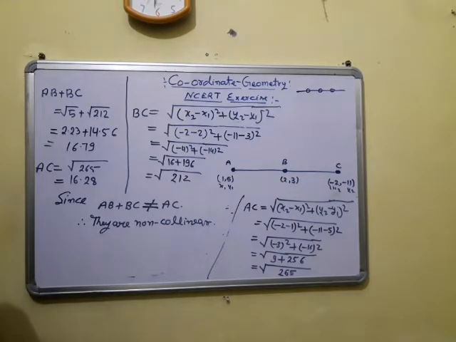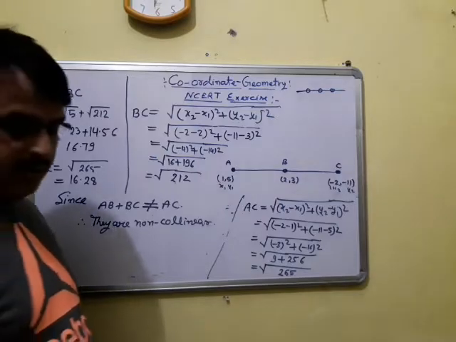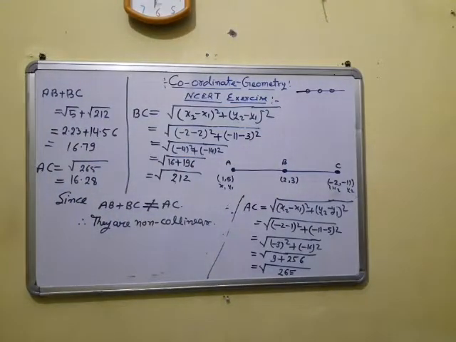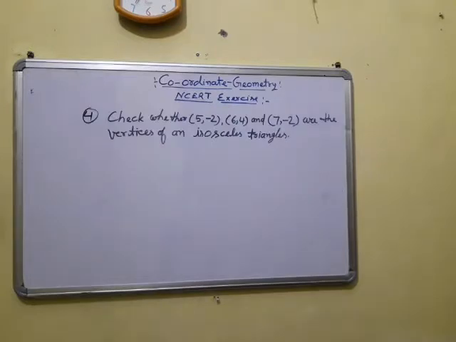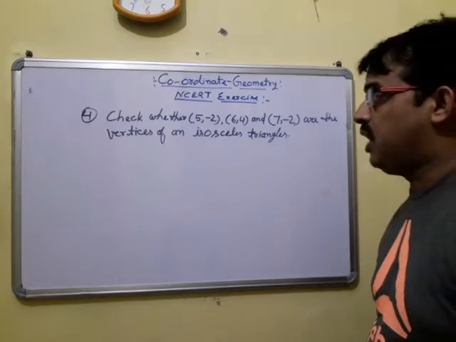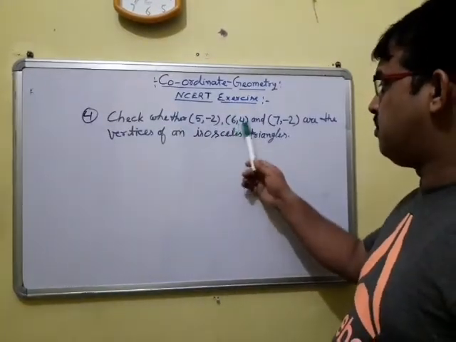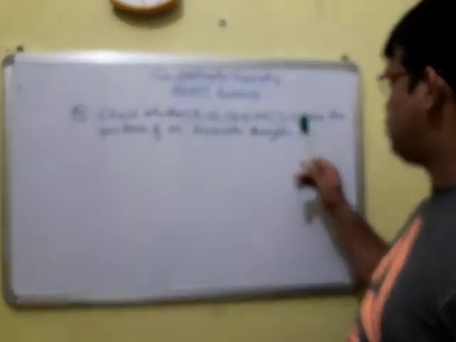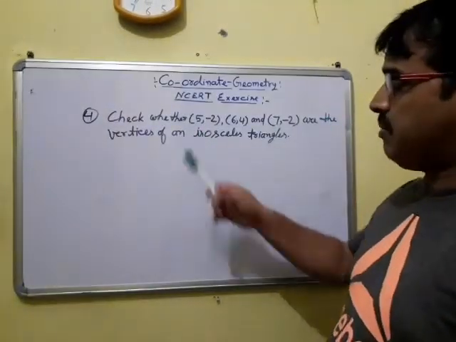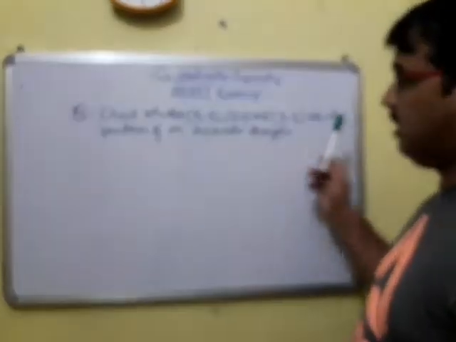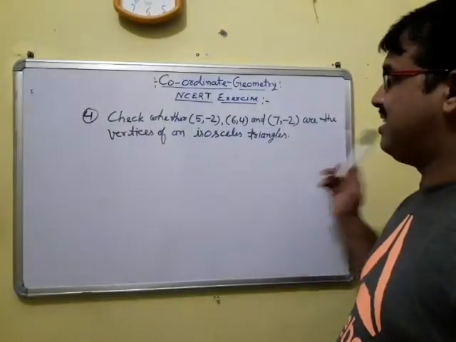Now we discuss the fourth question here. A very good question. Now see question number 4. Question number 4 is given: check whether 5 minus 2, 6 4 and 7 minus 2 are the three vertices of an isosceles triangle.